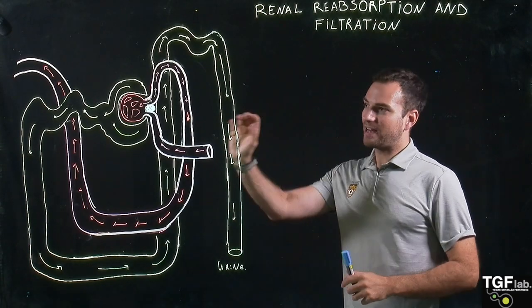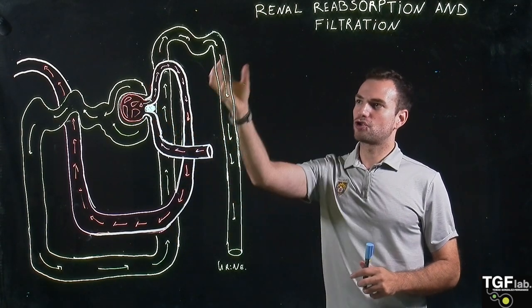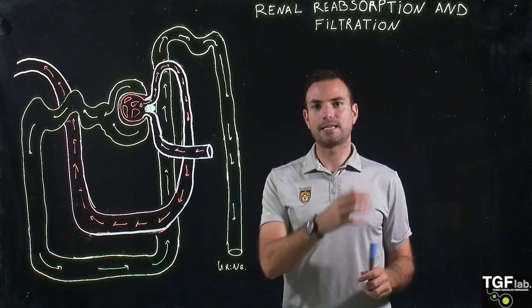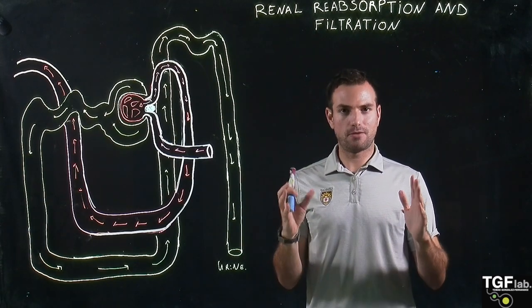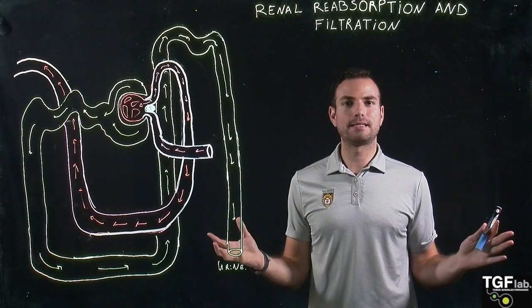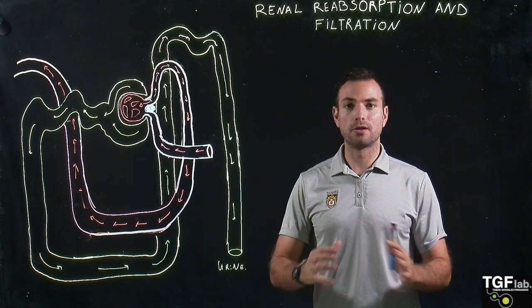So there are different sections in the tube structure that are going to participate in this reabsorption and filtration process. So let's dissect all these zones and areas of the tubule one by one.